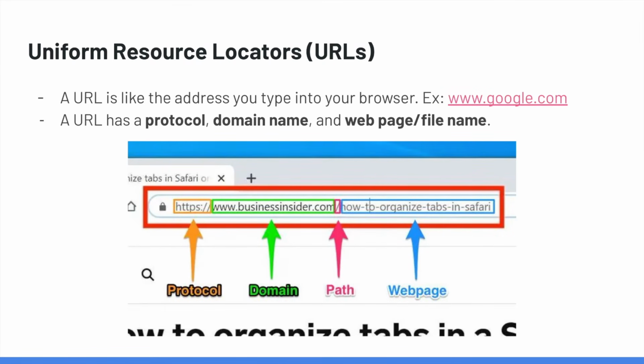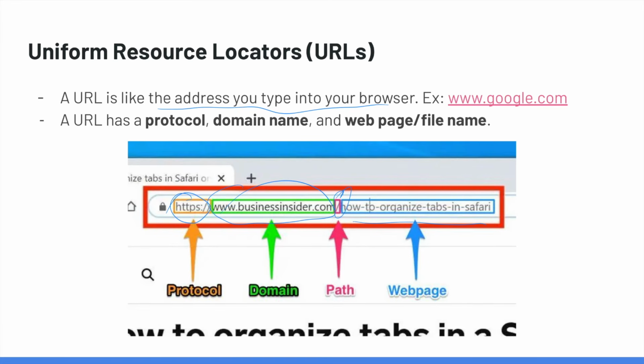So URLs are the address you type into your browser. We don't necessarily need to know this, but it's good to understand that every URL contains a protocol, which is this HTTPS business, a domain, www.something, a path, which is indicated by a slash, and then the actual web page that we want to access, which is indicated right here.